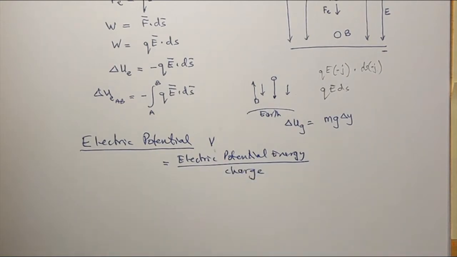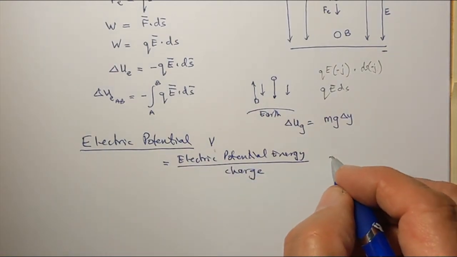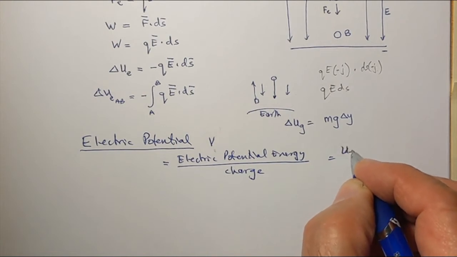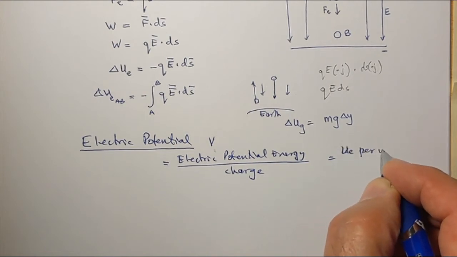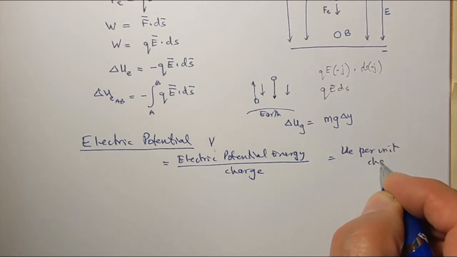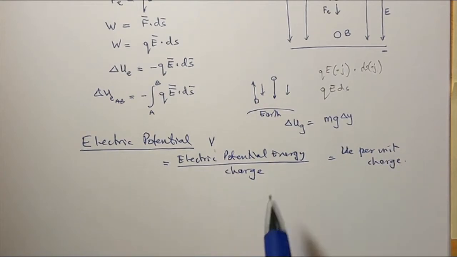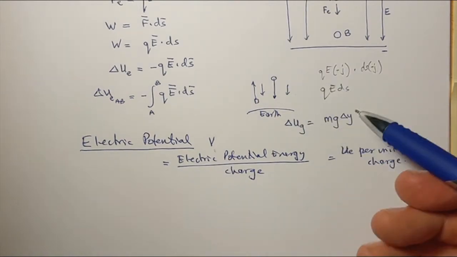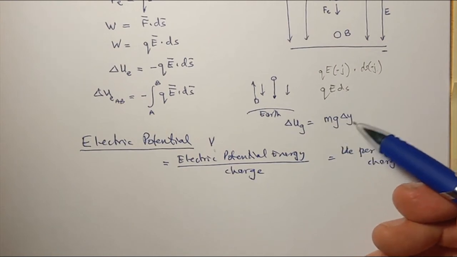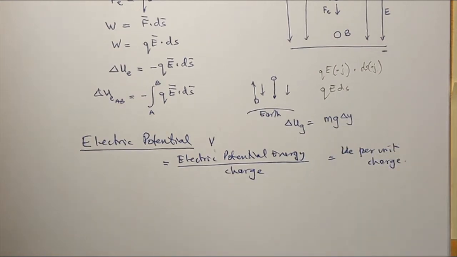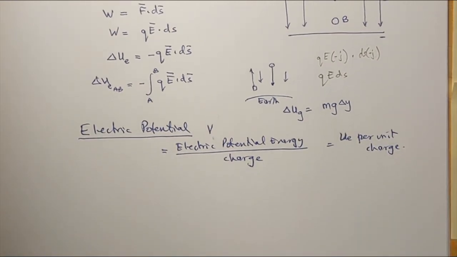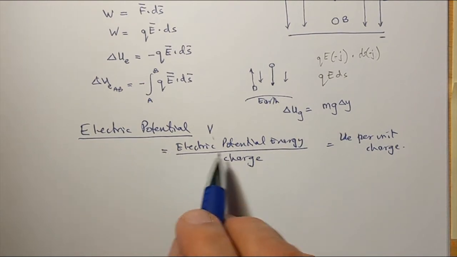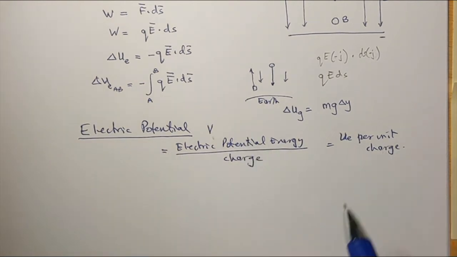So it's the potential energy per unit charge. It's like the gravitational potential energy per unit mass. That would be like a gravitational potential. So electric potential is the energy per unit charge.